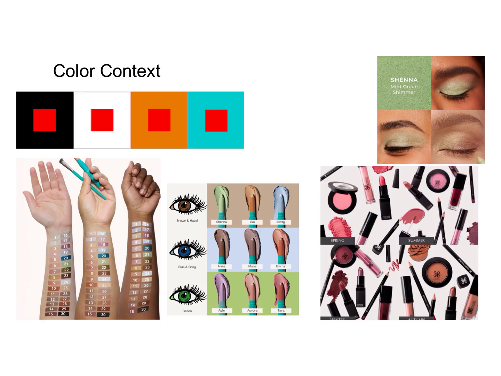if you've ever looked at color cosmetics. And if you go out and look at color context for color cosmetics, you're going to see a lot of different things. For example, one of the color companies that I buy from always has, if they've got a new color that comes out, they always show it on different skin tones so that you can see what the color looks like on the skin tone.